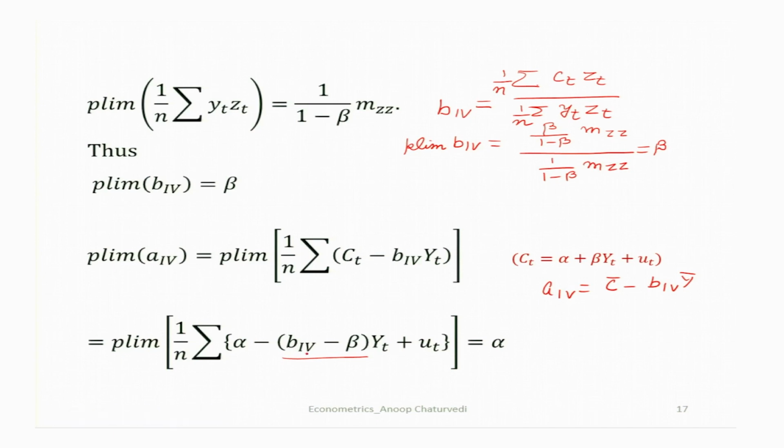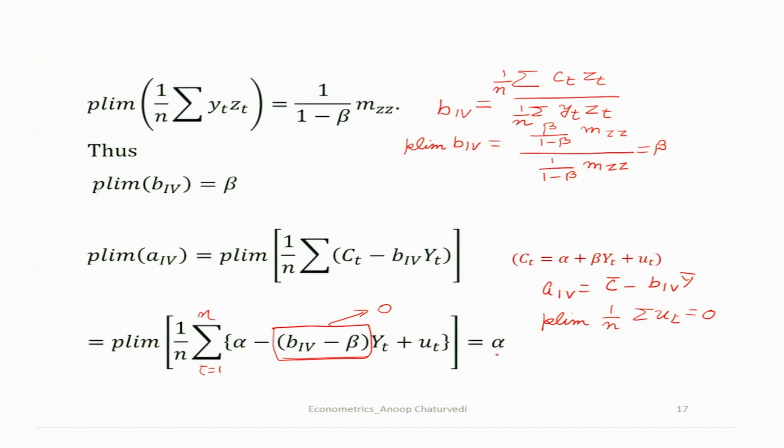Now, the probability limit of B_IV is beta. So, this part converges to 0. Further, the probability limit of (1/n) summation u_t is also 0, and then (1/n) summation t equal to 1 to n of alpha is equal to alpha.